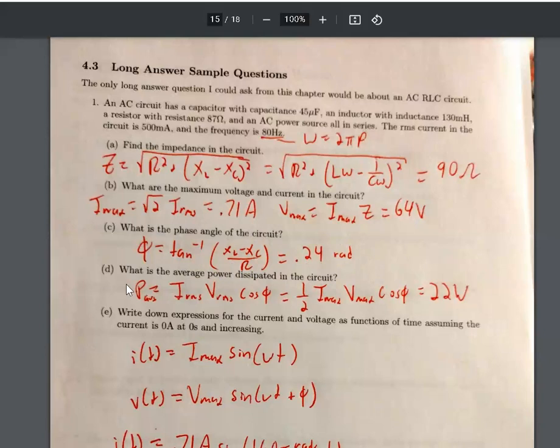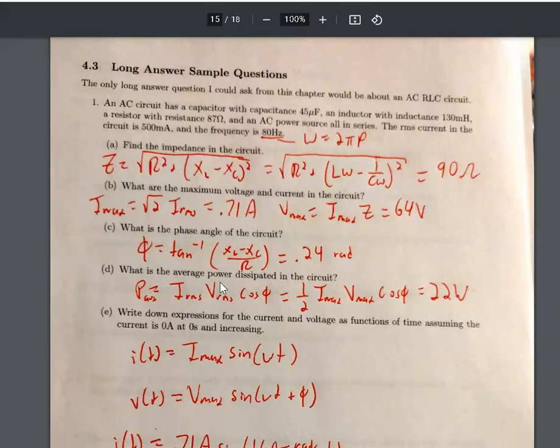All right, now what is the average power dissipated? Well, if we only had a resistor, we wouldn't need this cosine part here because the phase angle for a resistor is 0. But because we do have these other parts, we have a capacitor and we have an inductor, we have to add, it's the RMS current times the RMS voltage times the cosine of the phase angle, okay? Now the RMS current is the maximum current divided by the square root of 2.